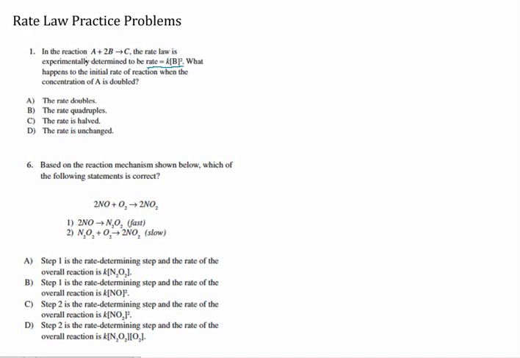The rate law does need to be experimentally determined unless we know that we are looking at the elementary step, or the slowest or limiting step in the reaction mechanism, right? So in this case, they've told us straight up that it is K B squared for this reaction, A plus 2B gives us C, yeah?